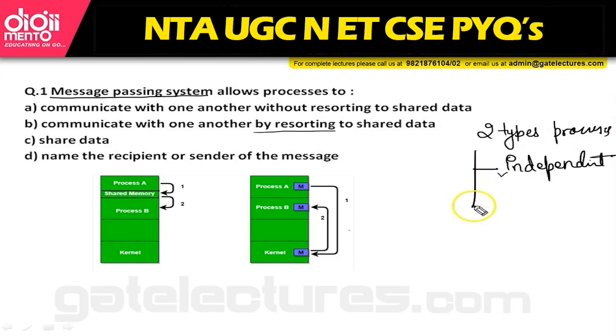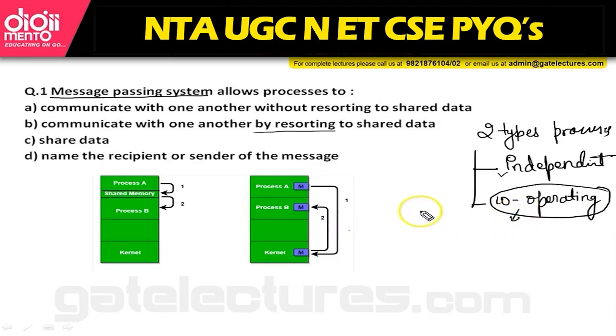The next type that we have is cooperating processes, and as the name suggests, the execution of one process depends on the other process as well. So our main goal is to study cooperating processes. Suppose there are many processes in my system, P1, P2, P3, P4 and so on. Why do we make cooperating processes?